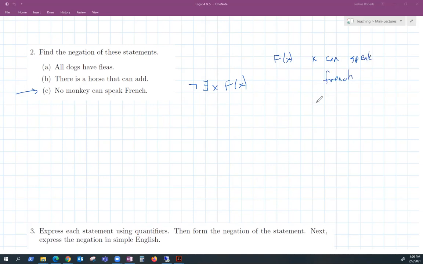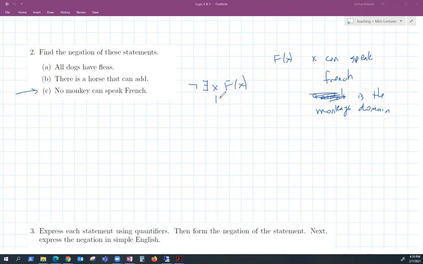and my domain is going to be, I guess we could pick animals for our domain. But this is the quantified statement. There does not exist an X such that f of X. Okay, actually, I think the domain should be monkeys because that's the specific thing we've plugged in there.